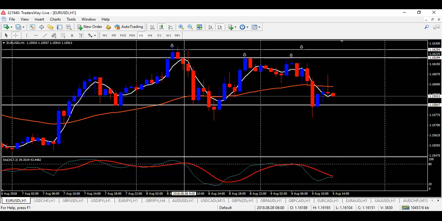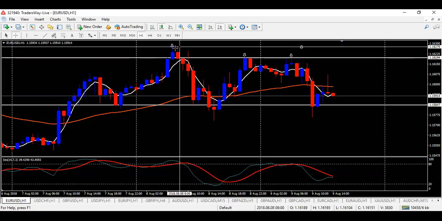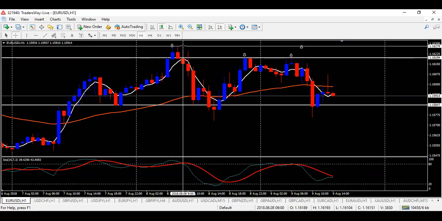You would place it somewhere in the middle, if one of these two wicks was 15 pips and above from the body. If it's 15 pips and lower from the body, that's fine. You can put it on the body.